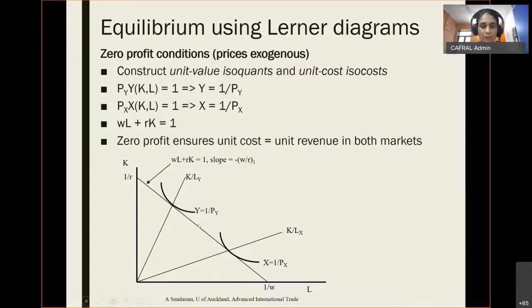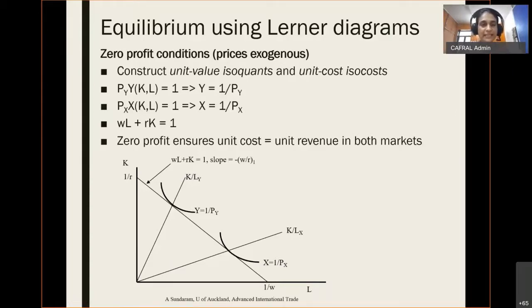So we're going to plot labor on the x-axis and we're going to plot capital on the y-axis. The only difference, there are two differences here. First, we have two sectors in this country, right? India has two sectors, footwear and machinery. So we're going to put the isoquants for both footwear and machinery on the same diagram. So we're going to have two sectors and two isoquants on this diagram.